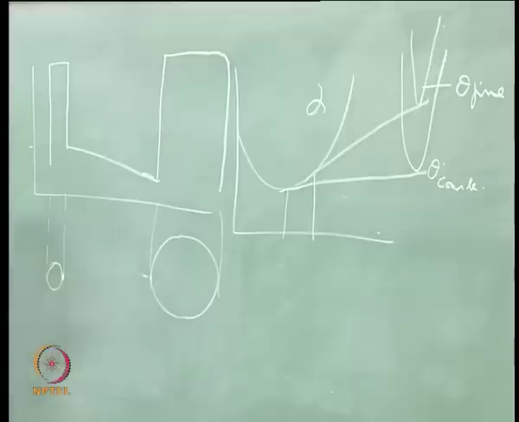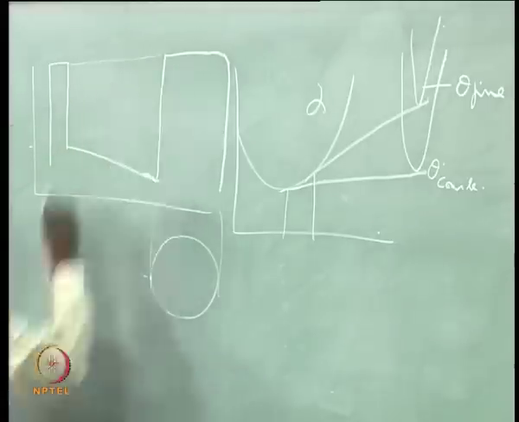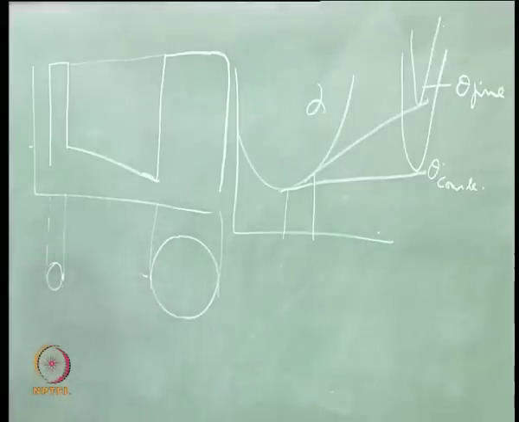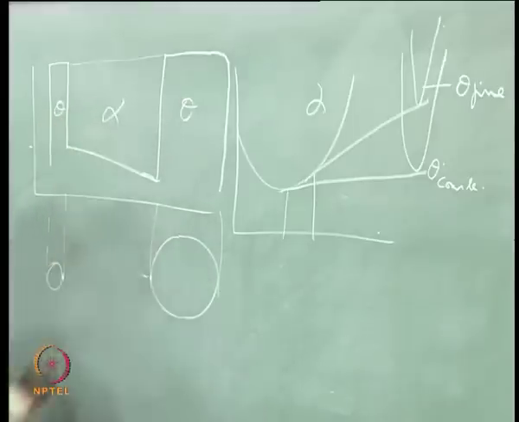This is the kind of thing that you see. The theta phase will have the same concentration, that does not change. Whether it is a smaller theta or a larger theta, it will have a fixed value of its stoichiometry. So this is the theta phase and this is the alpha phase, and the alpha phase will have this.